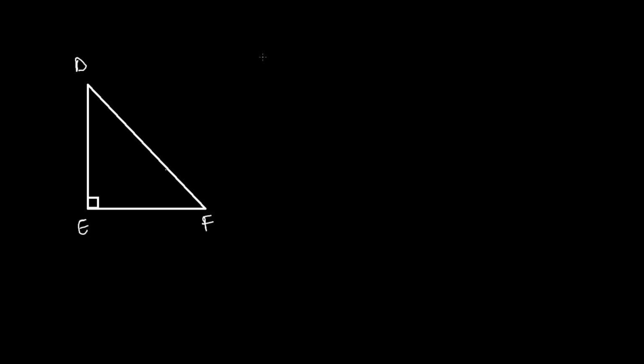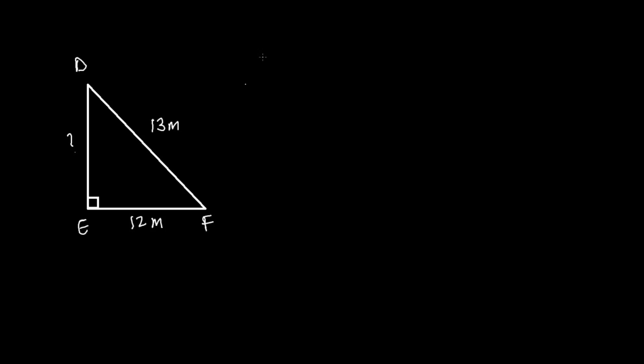I'm given the hypotenuse, which is, let's say, 13, and I'm given this EF value. Let's say that's 12 meters. Let's work in meters now. And we need to find the length of DE.